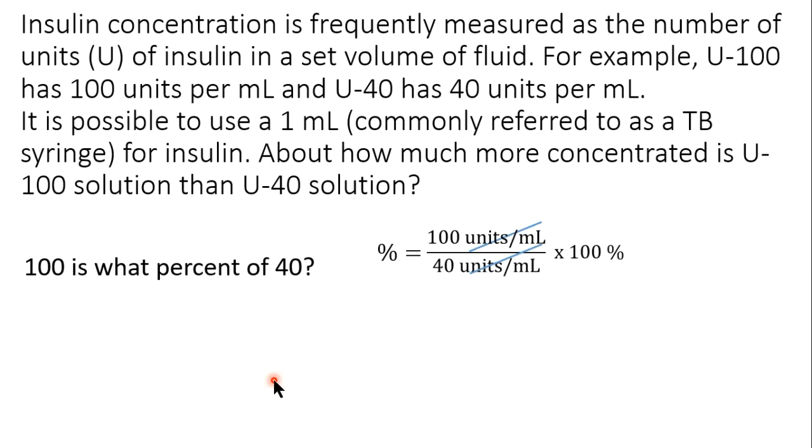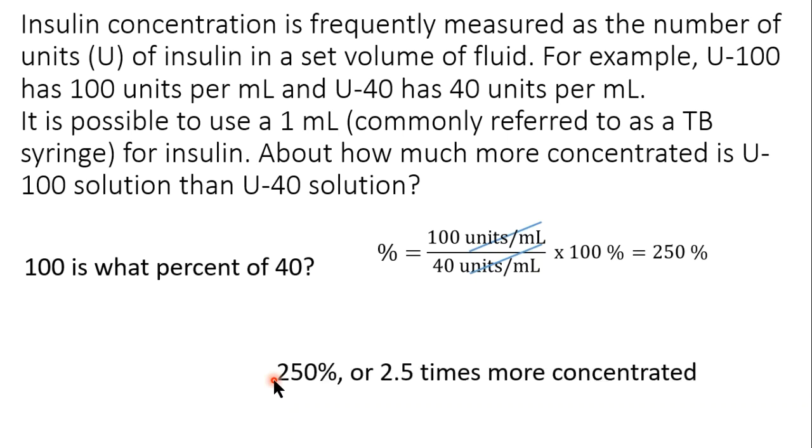Our units cancel out. And 100 over 40 times 100 gives us 250%, which means that a U100 is 250% more concentrated than a U40 solution, or 2.5 times more concentrated.